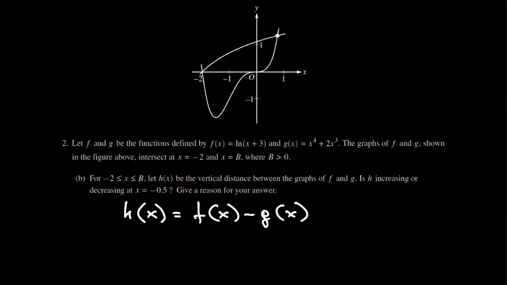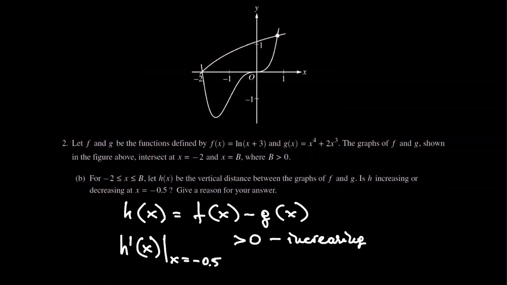And so what we need to find is whether the derivative of h at the point x equals negative 0.5 is positive, in which case it's increasing, or negative, in which case it's decreasing.